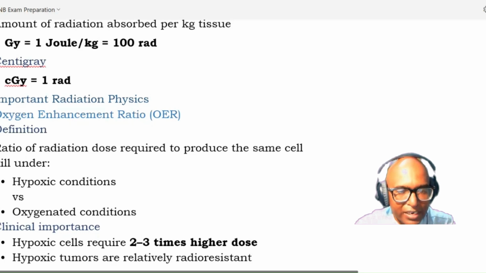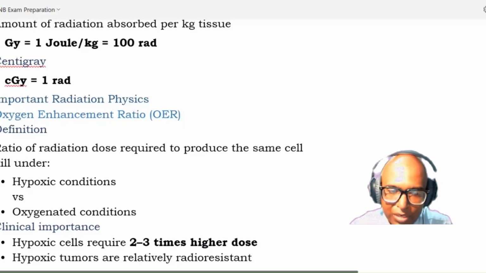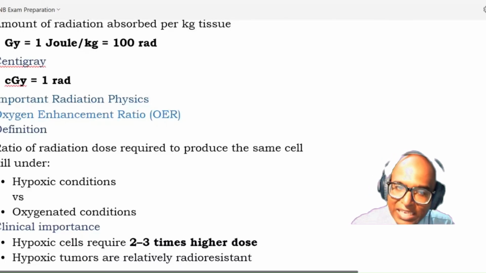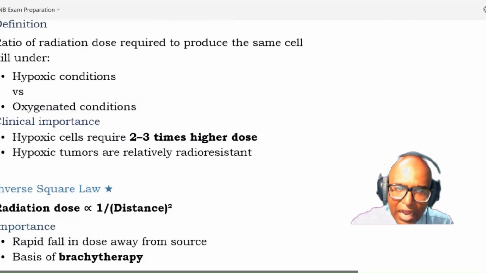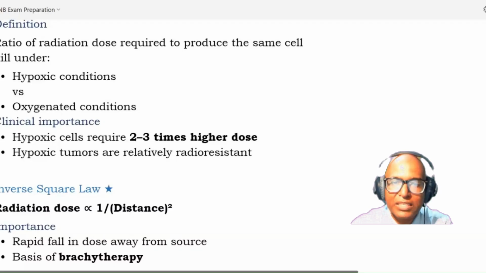OER is the ratio of radiation dose required to produce the same cell kill under hypoxic conditions versus oxygenated conditions. Hypoxic cells normally require 2 to 3 times higher dose. Hypoxic tumors are relatively radioresistant. So this OER concept you should understand and mention when you are asked about this.